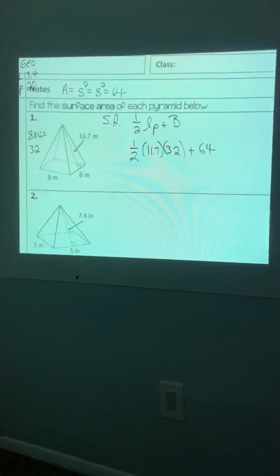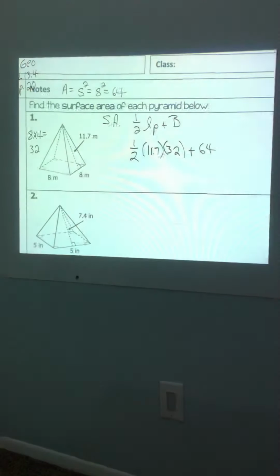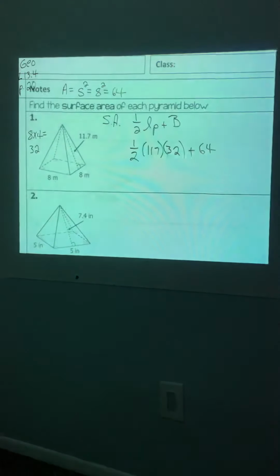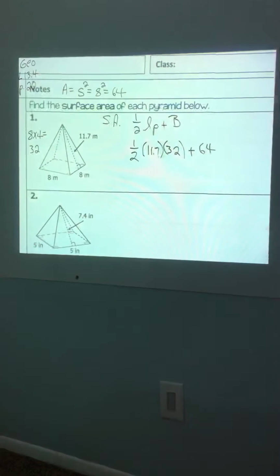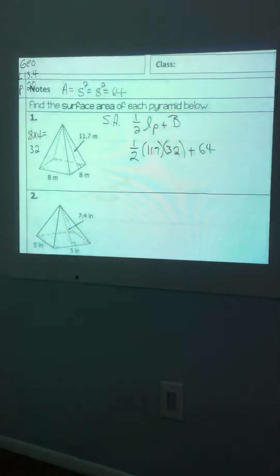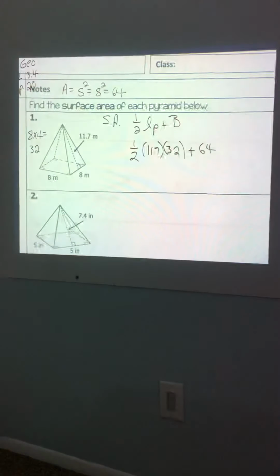Cannot add yet because we have to multiply before we add. Let's grab our calculator. You're going to type in 0.5 for 1/2 times 11.7 times 32, and that portion is 187.2.